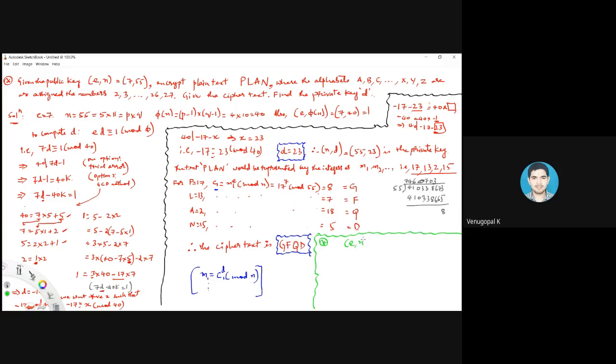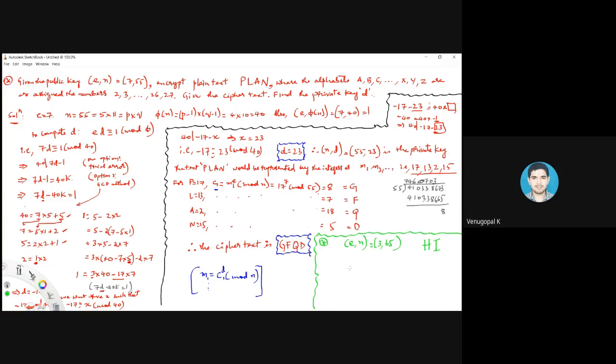E comma N is given to be 3 comma 65. That is one change. And the plain text is HI. Of course, maybe nobody would encrypt the message hi. Anyway, our goal is just to learn it. So, just an example.